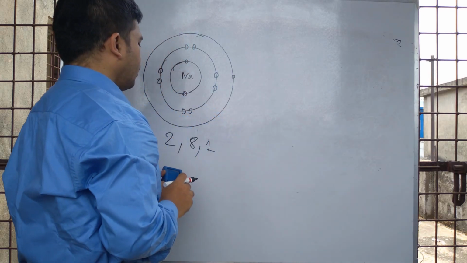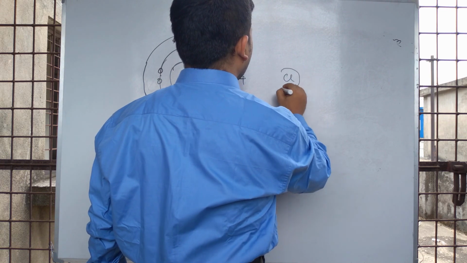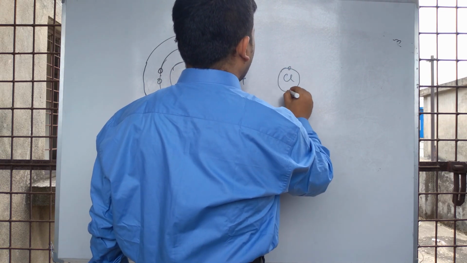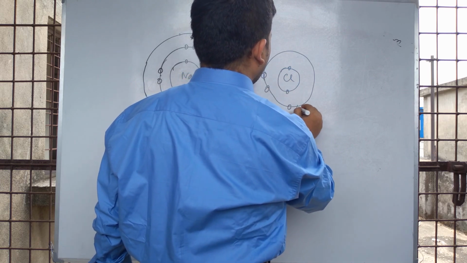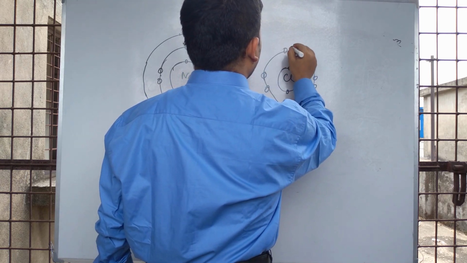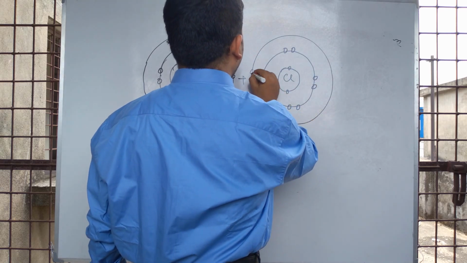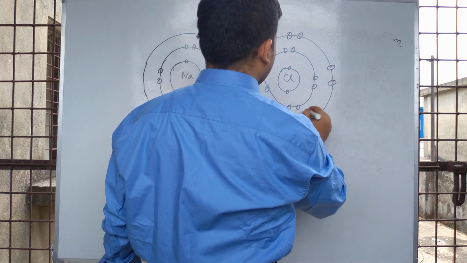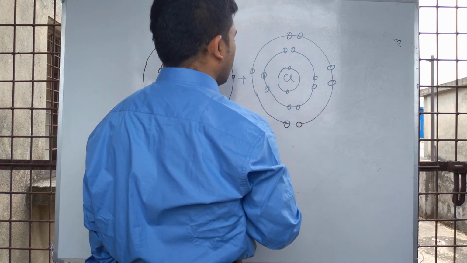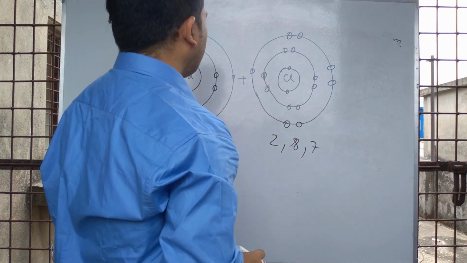One electron is in the next shell. Similarly, for chlorine, 2 electrons in the inner shell, 8 electrons in the next shell, and 2, 8, 7. The last shell contains 7 electrons.